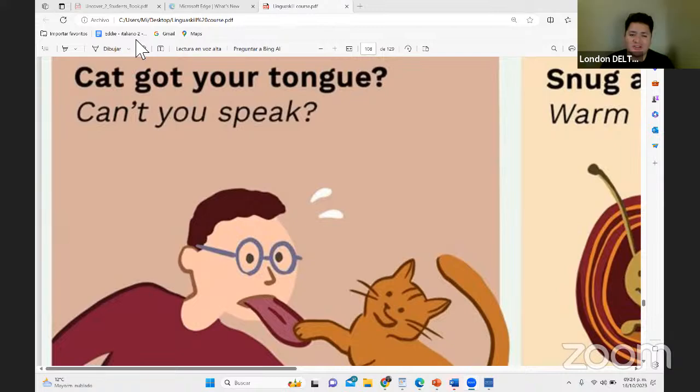Not really. Well, it could be a shy person. You ask, cat got your tongue? No. Okay, in Spanish it is "te comieron la lengua los ratones." Exactly, very well. Yes, that's the meaning, right?